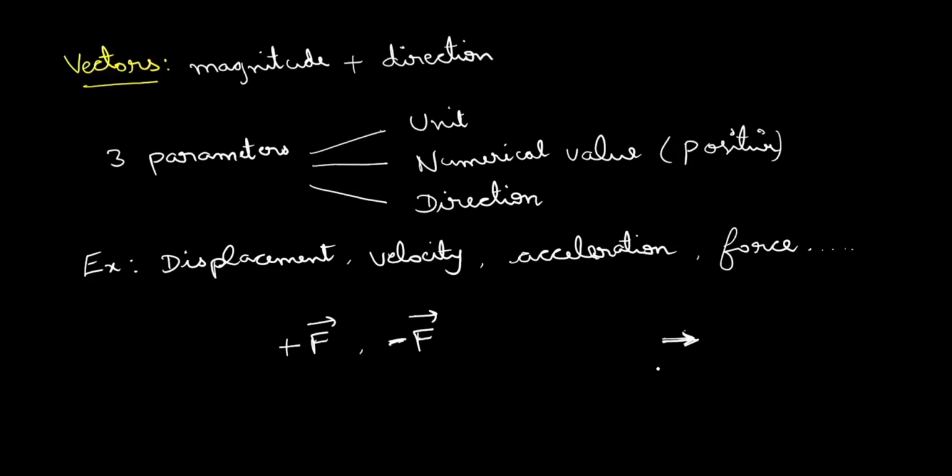Here we have this arrow for F, which denotes the direction of the vector. For acceleration it will be A with an arrow. This denotes vector quantities. For scalars we have mass: M is a scalar quantity, and if I write A with an arrow, it is a vector quantity.